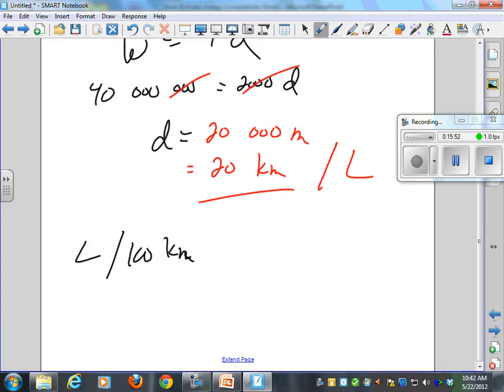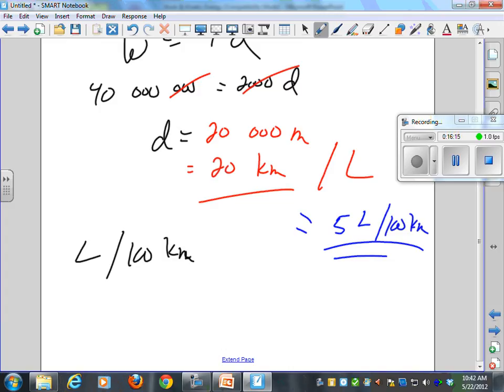You want it low. You want a small amount of liters per 100. Okay? So 20 kilometers per liter is equivalent to what? 5 liters per 100. I had a vehicle once that got about 8 liters per 100 on the highway, and that was pretty good for that size vehicle.